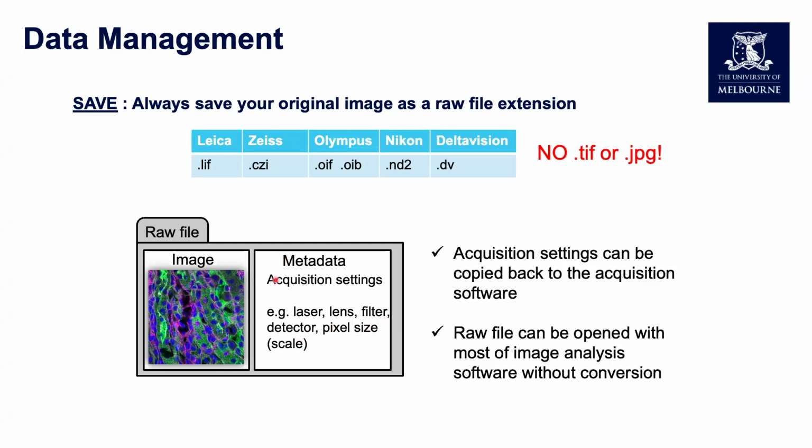The other benefit here is on a lot of the microscope systems, you can use that file to actually open up and acquire the data again the exact same way. So you can copy that back into the acquisition software. Also, the metadata can be read into image analysis, so we know what the pixel sizes are, for example.